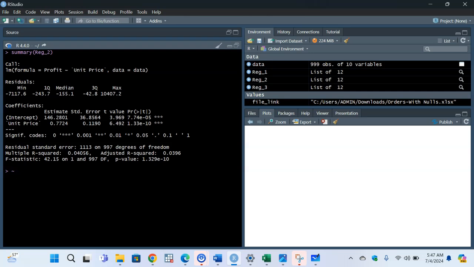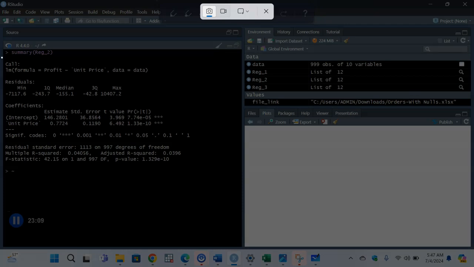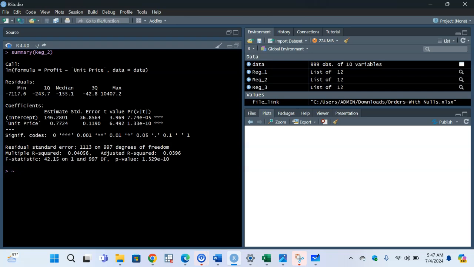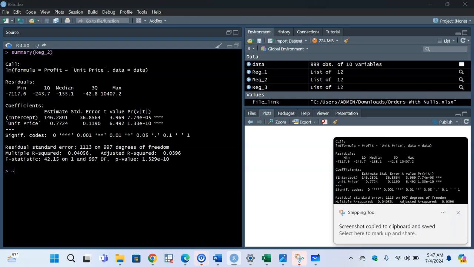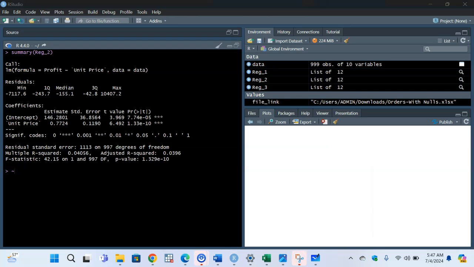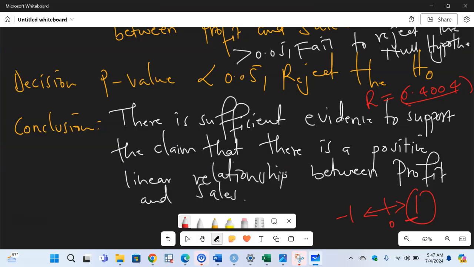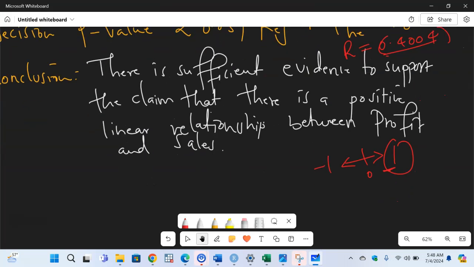Then you go ahead and check the coefficients. Something else I didn't show you guys is that they will require you to formulate a model. They'll ask you, where is the model? Please define the model.